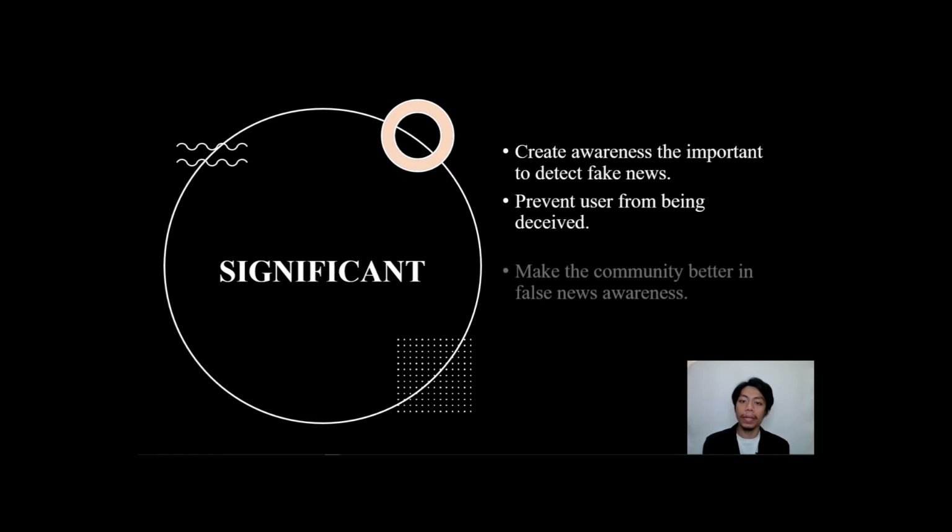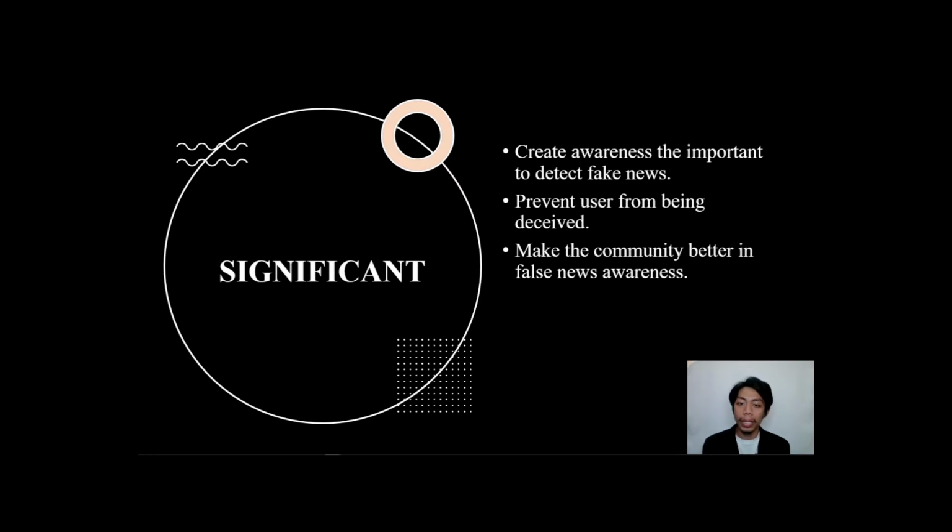Awareness will make some people consider doing a bit of research before they share any news. Instead of simply forwarding news they think is right, this eventually will make the community around the person better. Significantly, it will minimize the spreading of fake news.